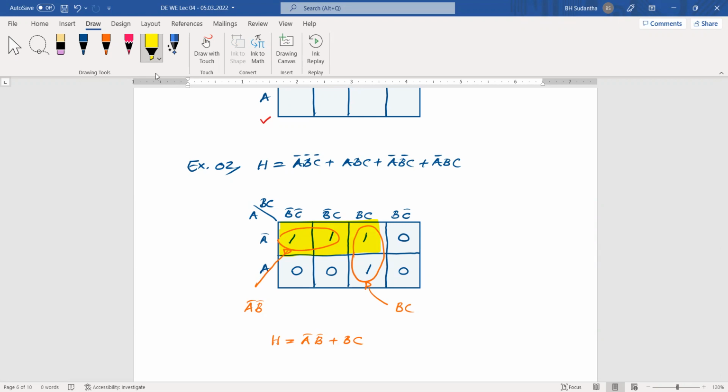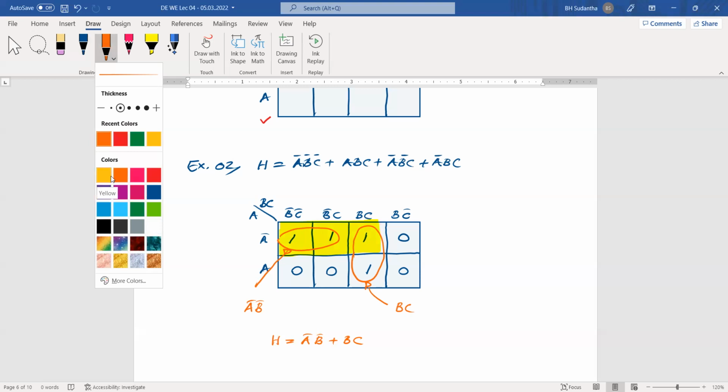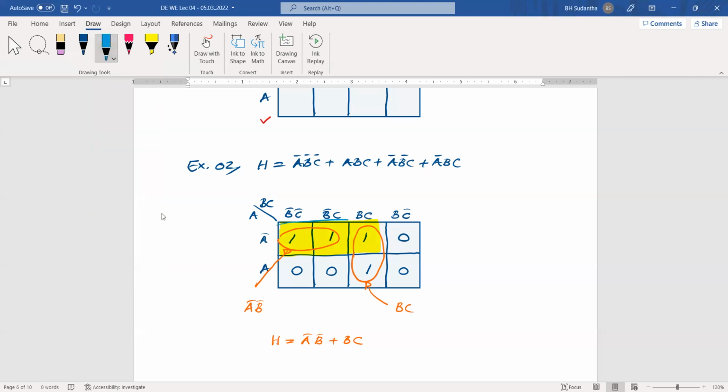Then assume that you have done that, then try to give a name. What is this? Then we need support from A bar, so A bar should be there. But you need support from these three columns, and there is no common term coming from these three columns.